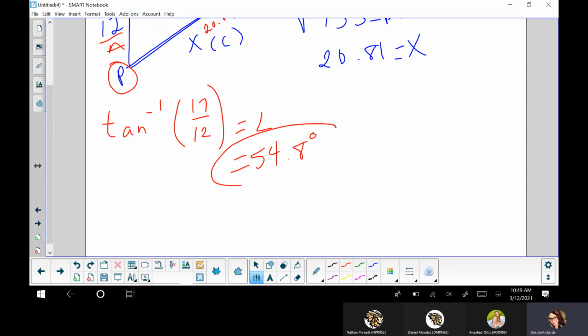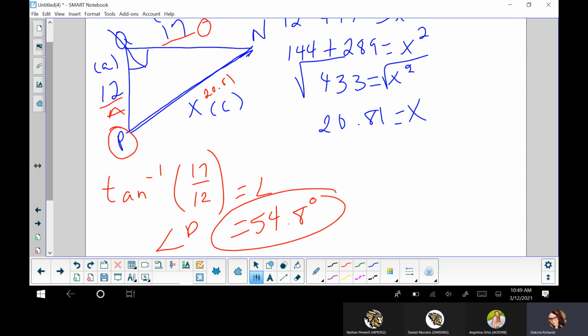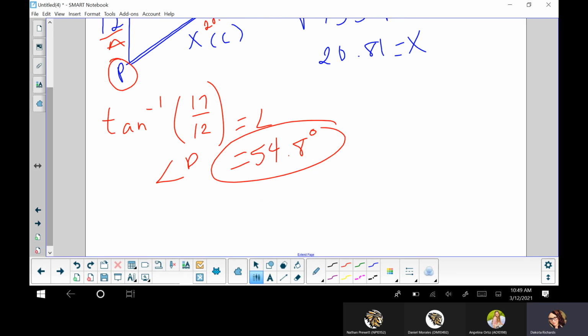And this is an angle. So that was angle P. And now the easier part: when you know all three angles add to 180, to find angle N, you can say 180 minus 90 minus this 54.8. That's going to give you 35.2.